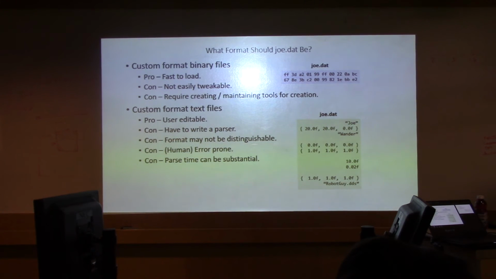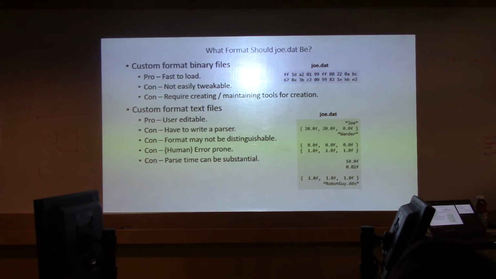The pros here for binary files are that they're really fast to load. Like you've seen with the texture for your sprites, you just load the whole thing into memory and pass it off to the renderer, or to the GL library to use, and it's kind of instantaneous.